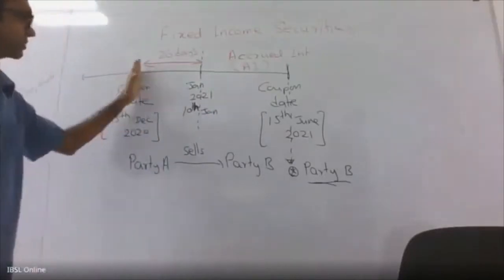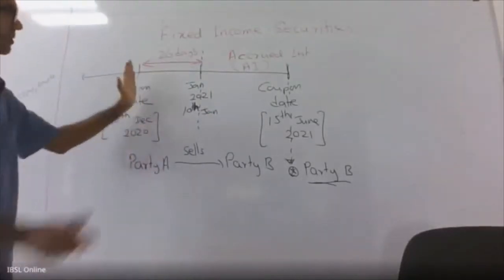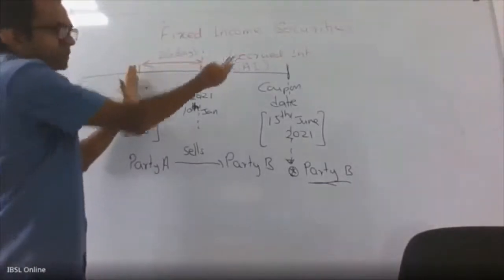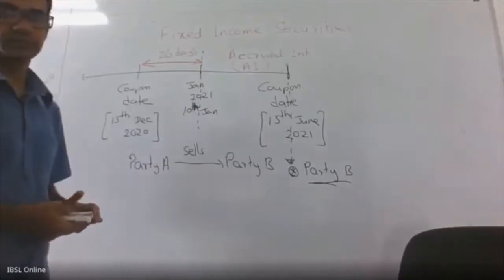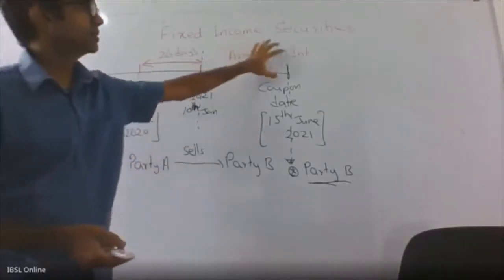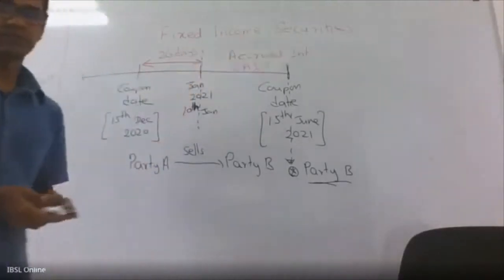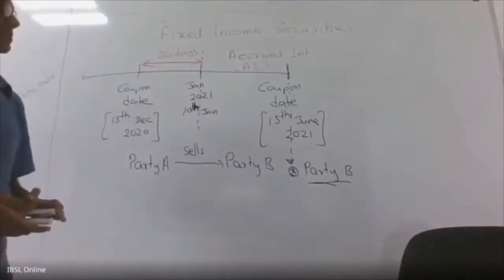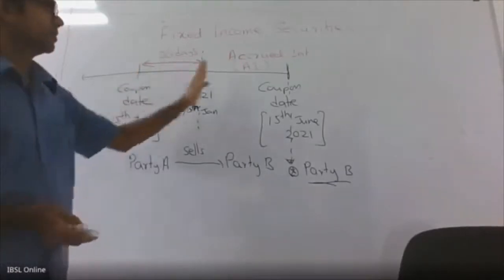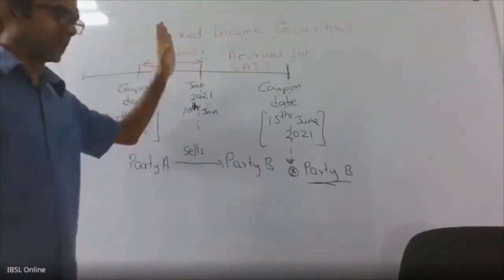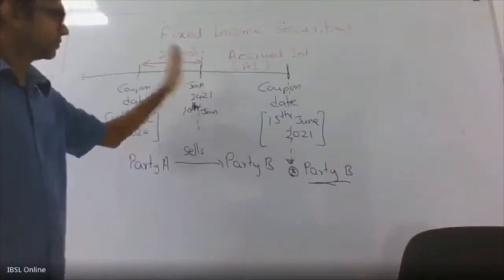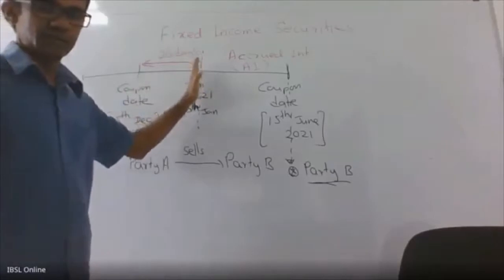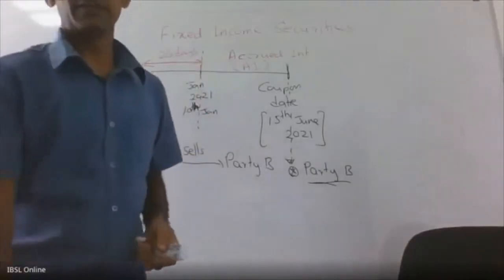Because up to the last coupon date, interest is paid; from this date onwards, you accrue interest. That we call accrued interest. Is it clear? It is the amount of interest accrued on the bond from the last coupon date to that specific settlement date.